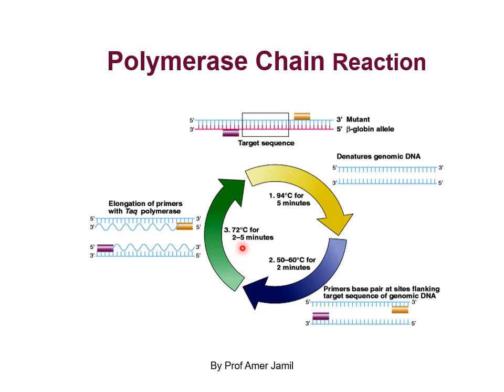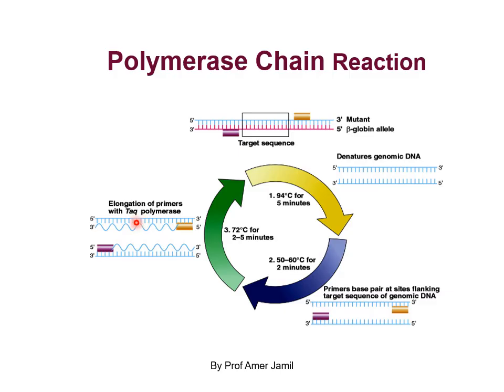And the third step is the amplification, basically the DNA polymerization, and this takes place at 72 degrees Celsius with the help of DNA polymerase. Normal DNA polymerases, of course, cannot function at this high temperature, but there is a specialized DNA polymerase which is called Taq polymerase.